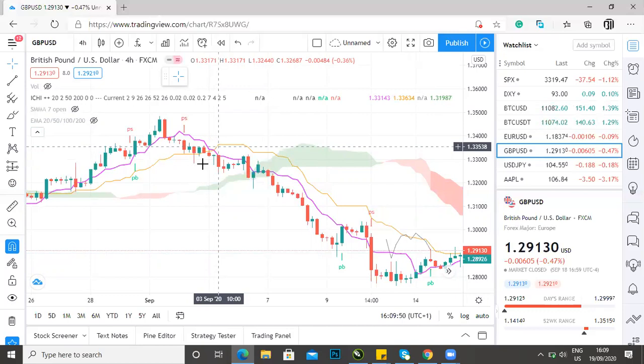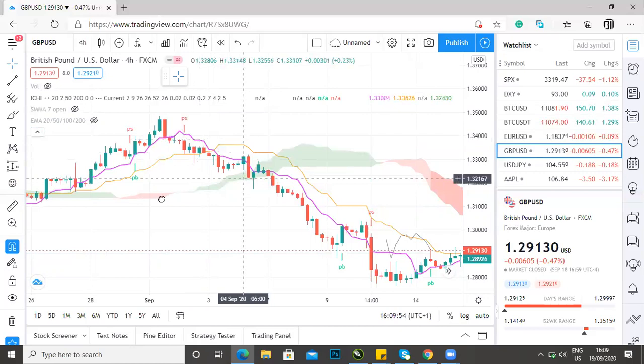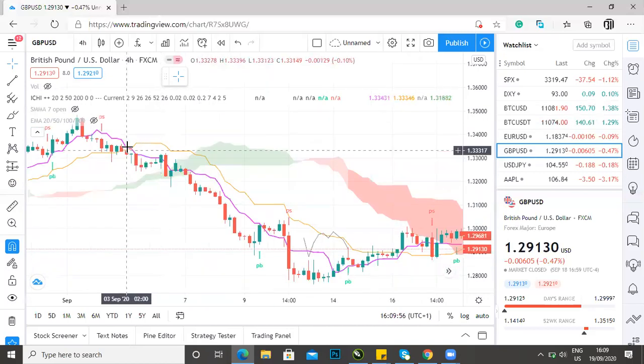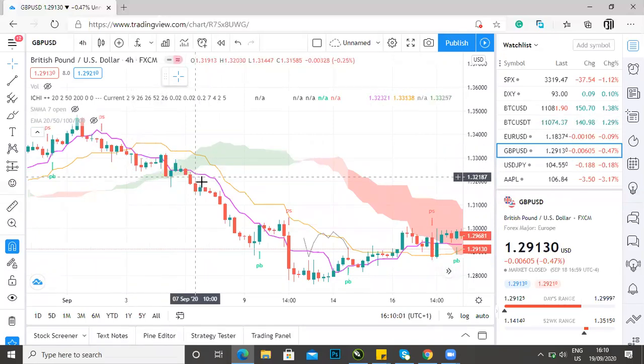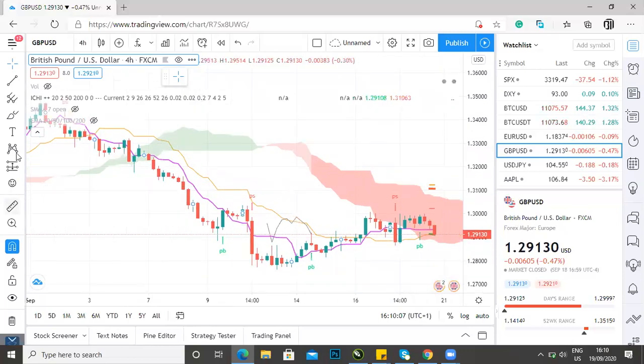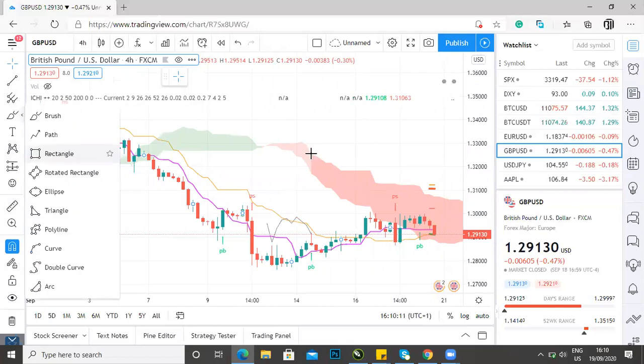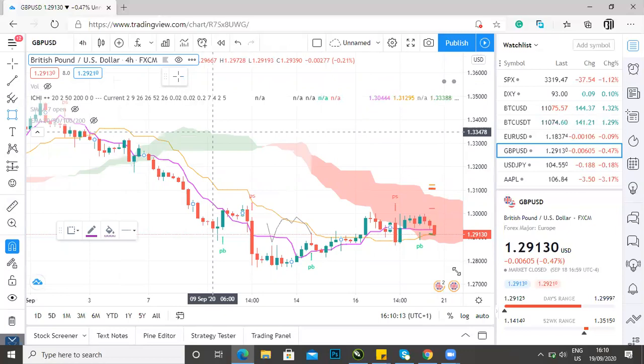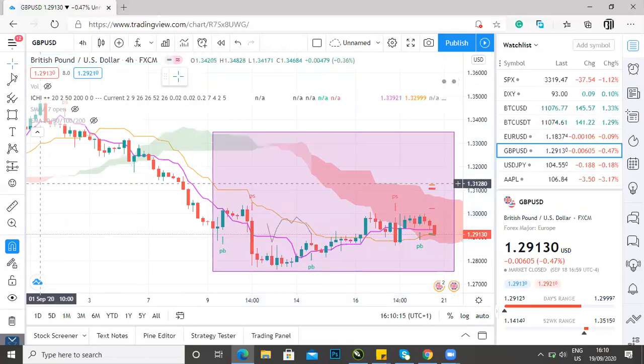Now check out what happened here. The cross comes in here. You wait for it because it's definitely a downtrend. You allow it to cross over the Ishimoku to be very sure. Let's say we are not able to determine what happened here.